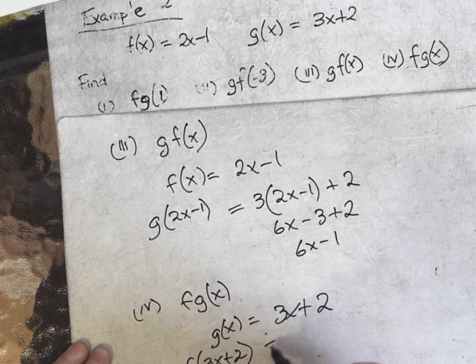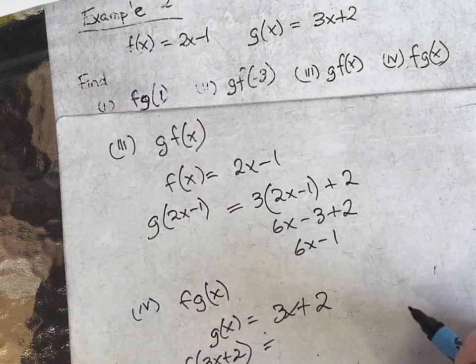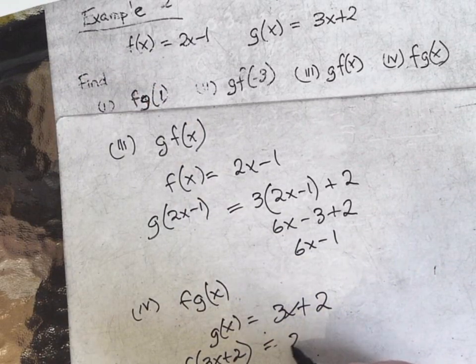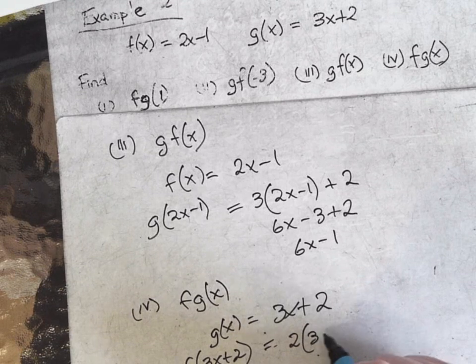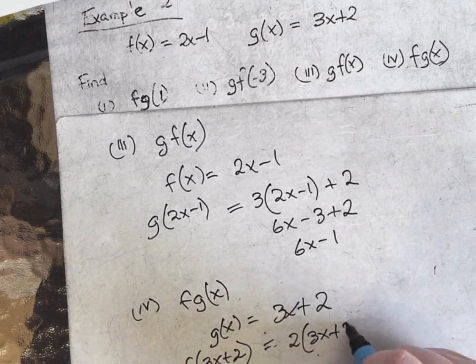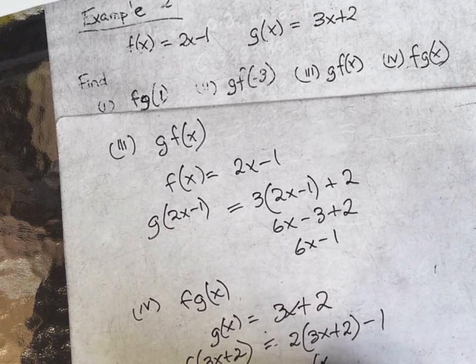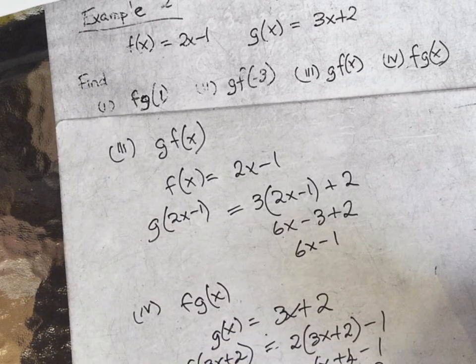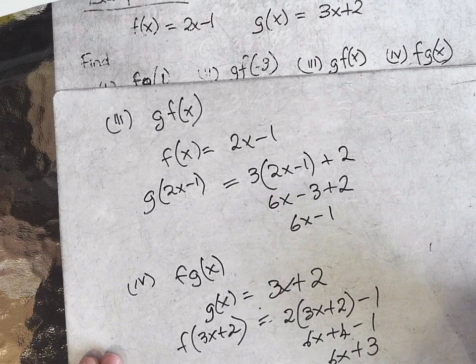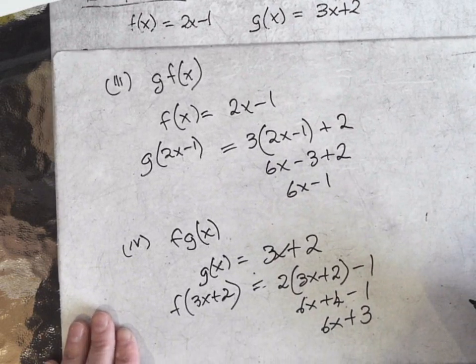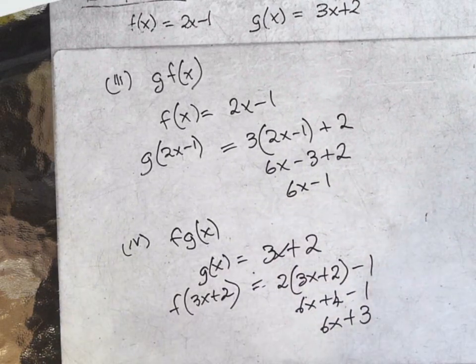Into f, everywhere I see an x, I put in 3x plus 2. So it's 2 times 3x plus 2, minus 1. That's 6x plus 4 minus 1, which is 6x plus 3, and that's your answer. Now you can pause and write that into your notes.